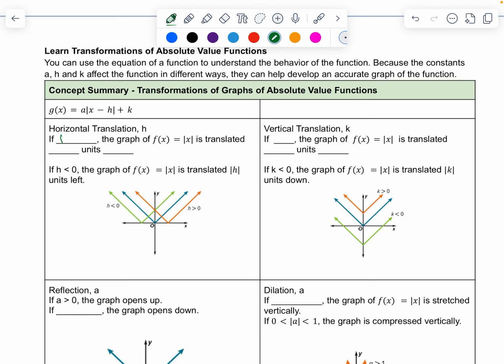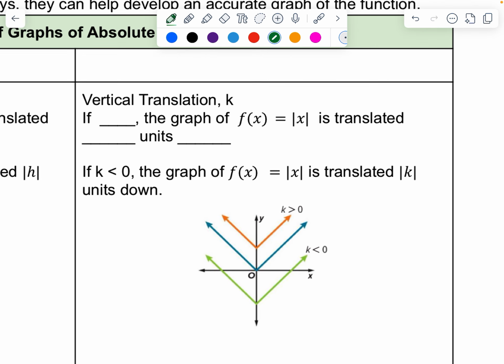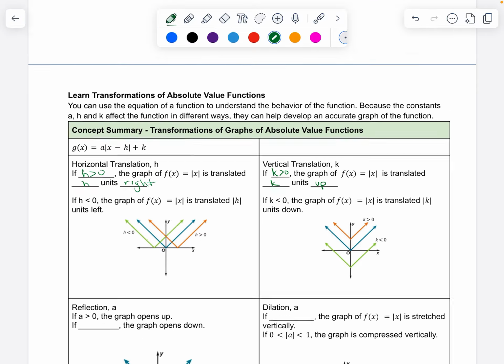So if h is greater than 0, the graph of that is translated h units to the right. Okay, over here, if k is greater than 0, then it's translated k units up.